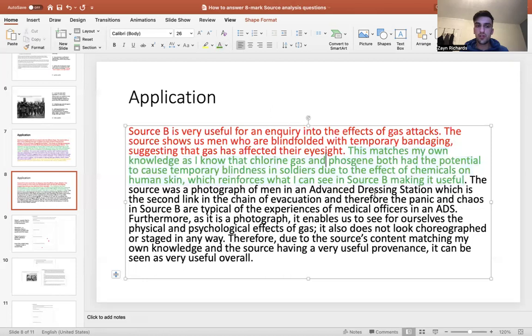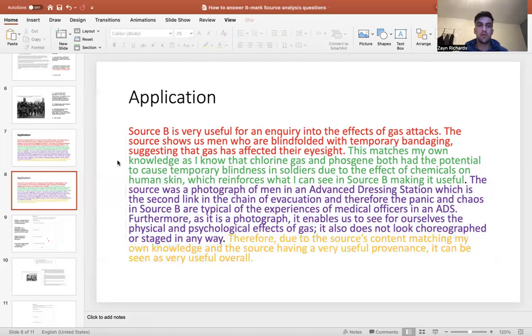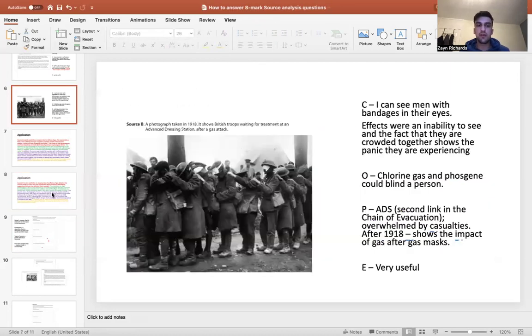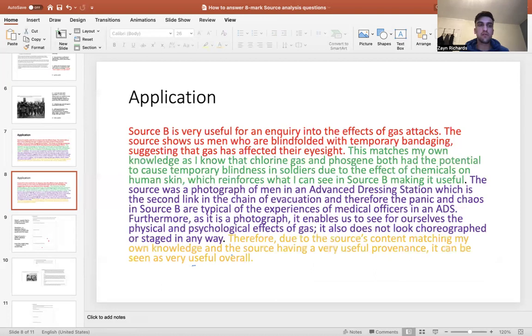Green is my own knowledge, provenance is in purple, and then in yellow is my overall evaluation. Okay, so that's basically how you do that. That's what an 8 out of 8 looks like for sources.